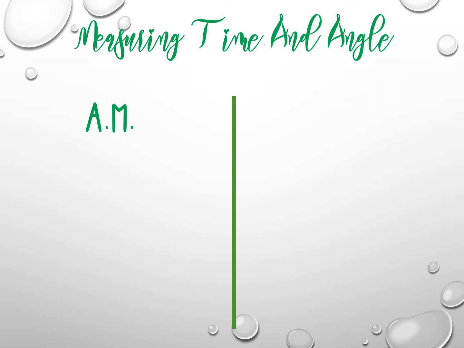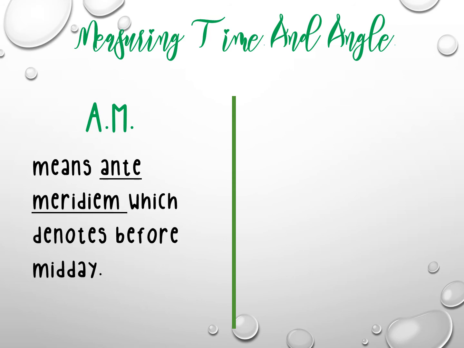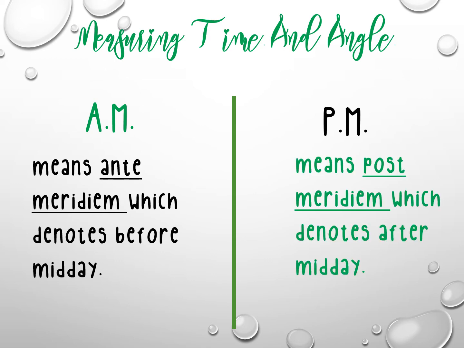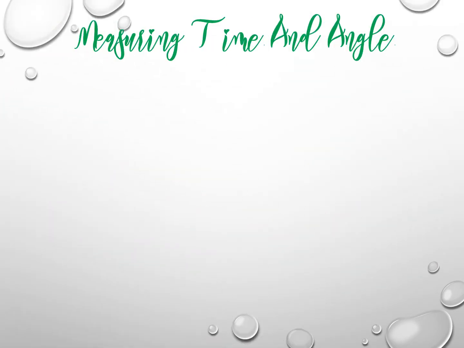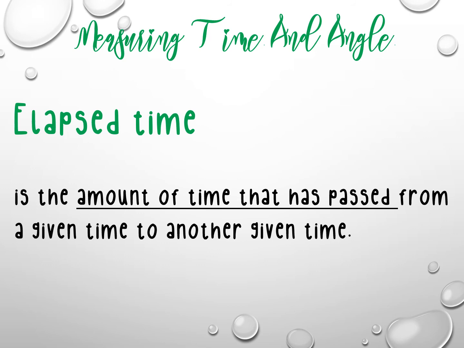The difference between the two is that AM means ante-meridiem, which denotes before midday, while PM means post-meridiem, which denotes after midday. Called elapsed time. Pag sinabing elapsed time, it is the amount that has passed from a given time to another given time.